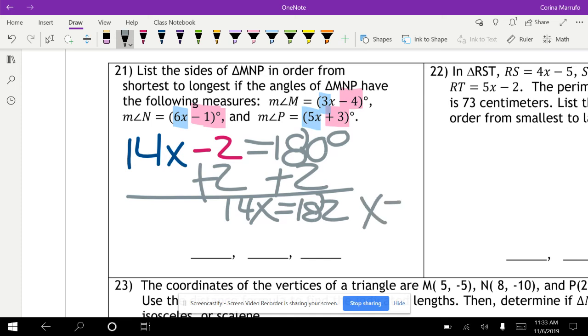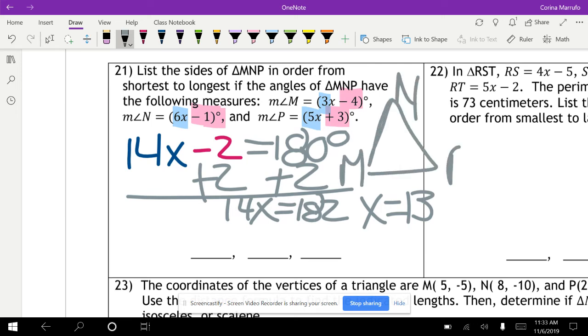So x equals 13. So then we start plugging it in. So for the measure of angle M, we're going to do 3 times 13 minus 4 equals 35. So let me draw a triangle real quick. Here's my triangle, M, N, P. This is 35.